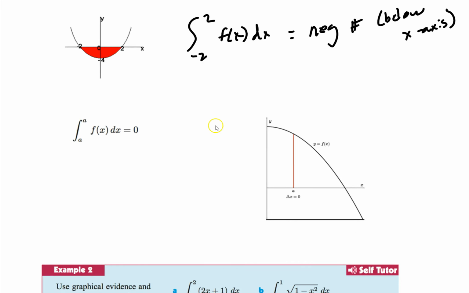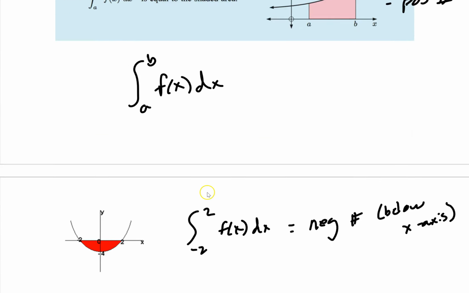And the final rule, if you're integrating from A to A, let's talk about it graphically. From A to A, there's no span here, right? You can't span from A to B. So the integral of a single point is always 0, because there's no width to it. We have to do more than a point. We have to go an actual distance. So anytime you see the limits of an integral, we call those limits. Probably something I should have told you earlier.